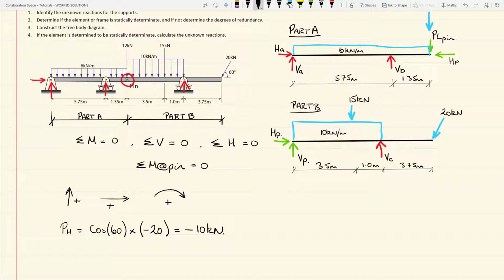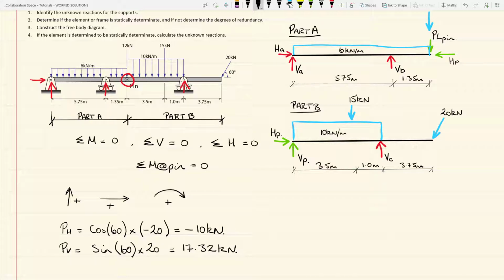And for the vertical component, PV, it's going to be the sine of 60, times 20. I'm ignoring the sign in this instance, and I will explain why in a minute. So it's the sine of the angle times the magnitude of the load, and that equals 17.32 kilonewtons.